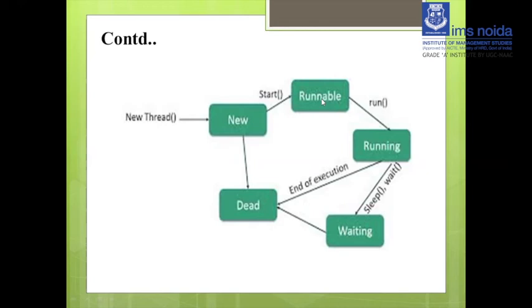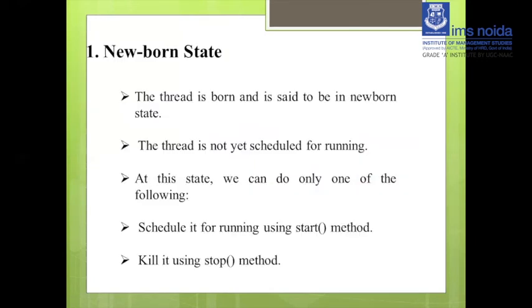After the runnable state, it will go to the running state where it is executing, and after executing it will go to two states, dead or waiting state. So this is a complete life cycle, where you can easily understand the concept of the life cycle of threads.